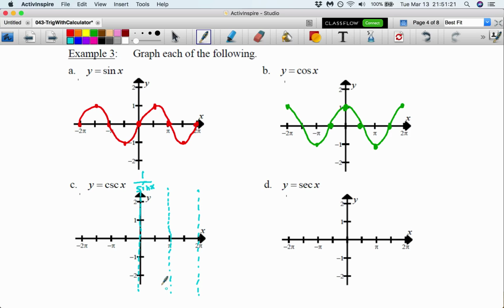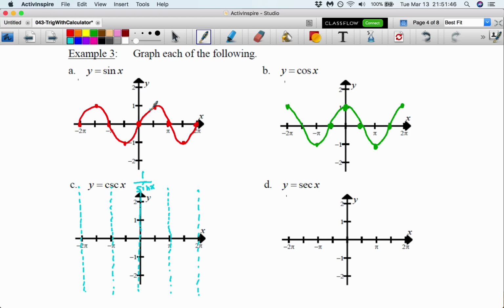I'm going to have an asymptote at 2 pi. And see, the asymptote's repeating every pi, because the 0 is repeated every pi. But the shape of the graph, just like this one, repeats every 2 pi. But the asymptote repeats too. That's something I'll be looking for if you do this. Now, what's another key point here?